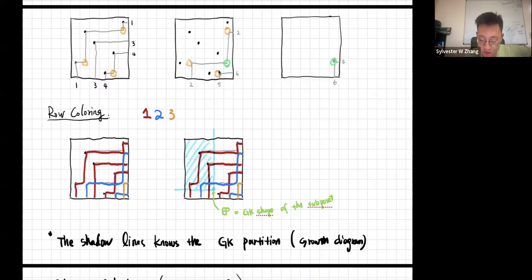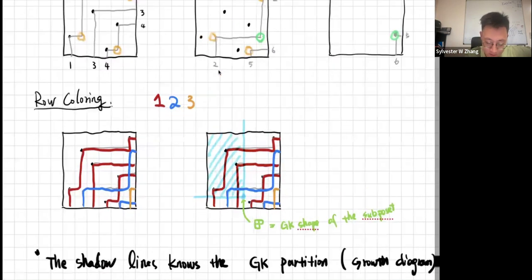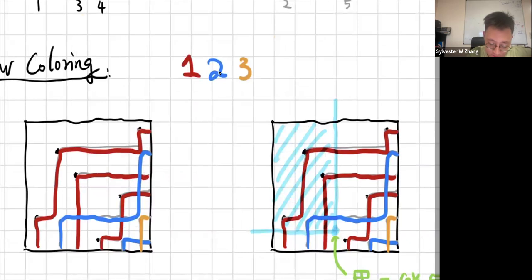If you want to translate shadow lines to a growth diagram, you just number the edges. If it's connected to a red line, you number it 1. If it's nothing, you number it 0, and then 2, and so on, so you get numberings on the edges, and then there are four different types of squares.